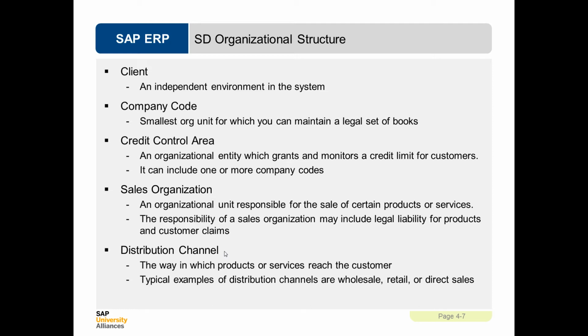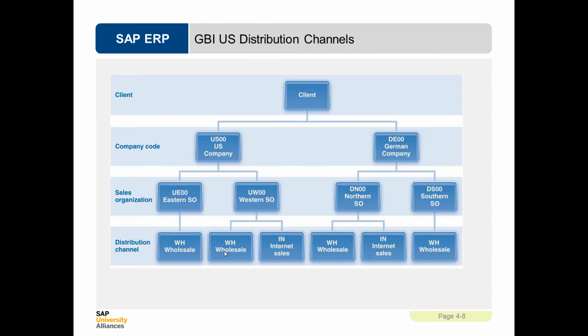So if we wanted to look at this organizational structure graphically, it would look like this. We have at the top, of course, the client and the company code. And in the case of Global Bike, we have two company codes, US and Germany. Each company code has its own sales organization, and Global Bike has elected to organize its sales organizations geographically.